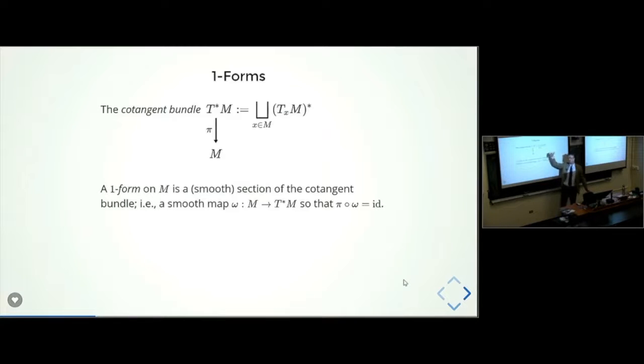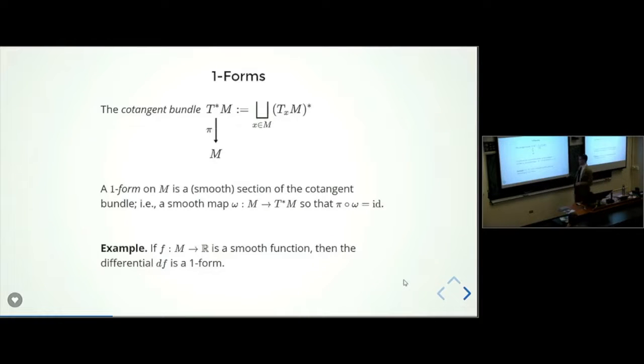I mush them all together into a single space, and I get a vector bundle. That's called the cotangent bundle. So I have this vector space at each point, and then I have this projection operator that tells you what point you're based at. And then a one-form is a smooth section of this. So again, at each point you assign a covector based at that point.